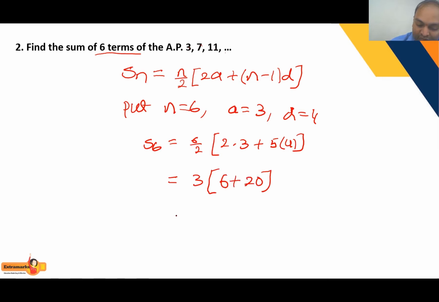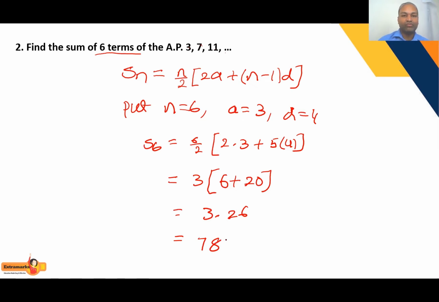So that is equal to 3 into 26. What is the answer for 3 into 26? Multiply here. 26 3s are, right, 78. Okay. So the sum of 6 terms is 78.